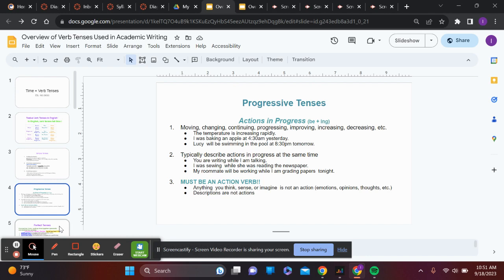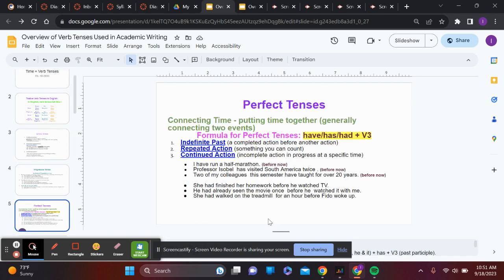Okay, now the next group of tenses is perfect tenses, which connect time. And that means that you connect the past to the present and to the future. The formula for perfect tenses is have, or has for he, she, or it, plus the V3, which is the past participle.